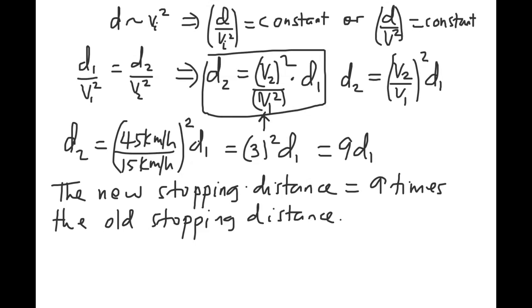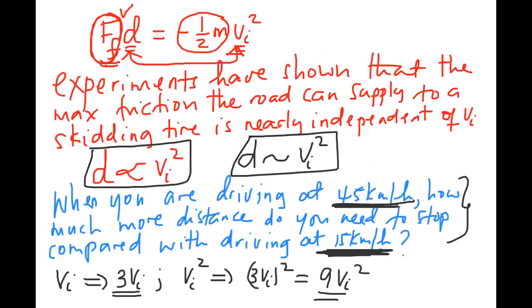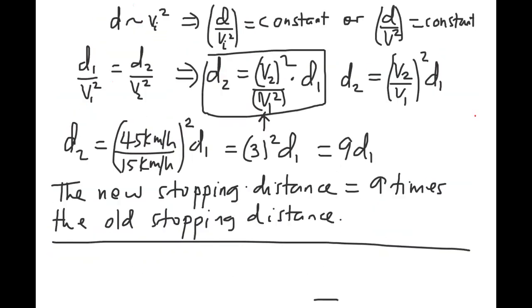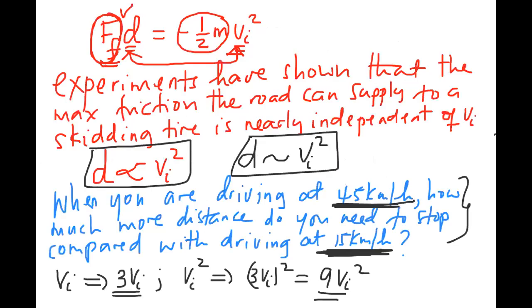You can also say that to make your life easy. If you don't like the mathematics here, you can just say, since velocity is tripled, then V squared is 9 times more, then the distance will be 9 times more.